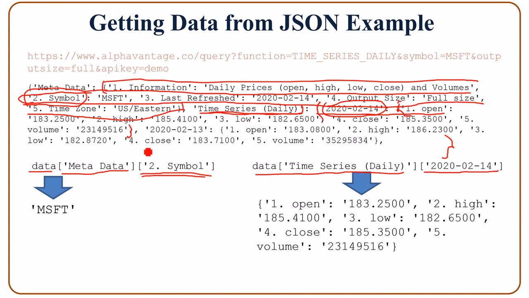And note that the data for that specific day is also a dictionary. We can continue following that same method to get to open, high, low, and close, and also volume.